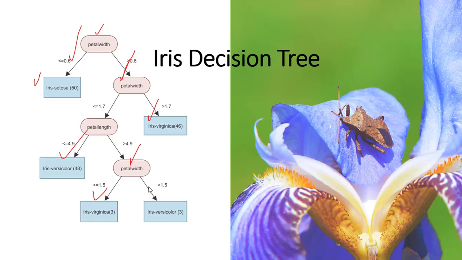And if the petal width is greater than 1.5, then it's Iris versicolor. So that can be pretty complicated when you have a large tree with several nodes, but we can build techniques to start to train our data to see how well the decision tree we built works out.